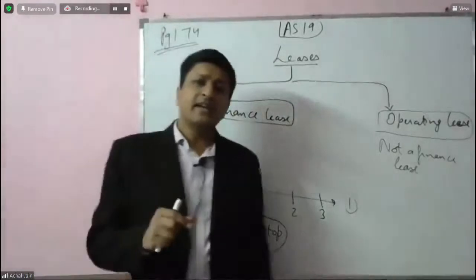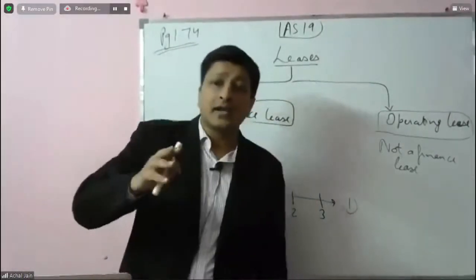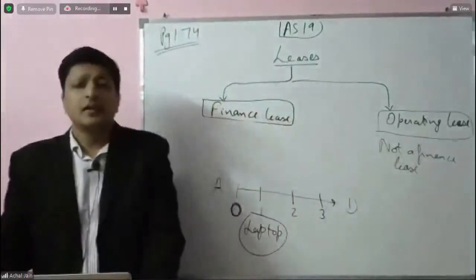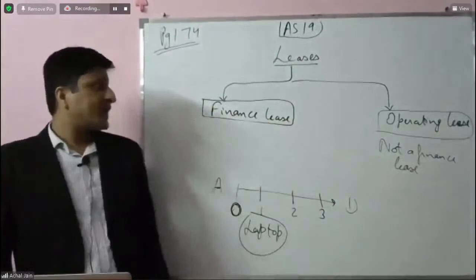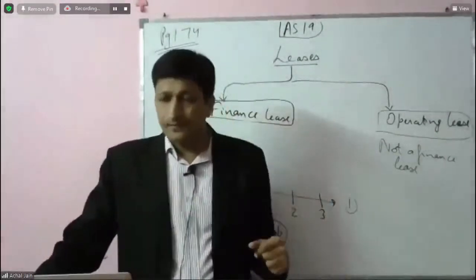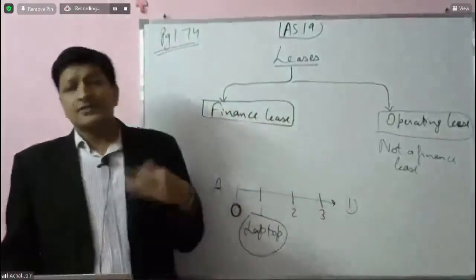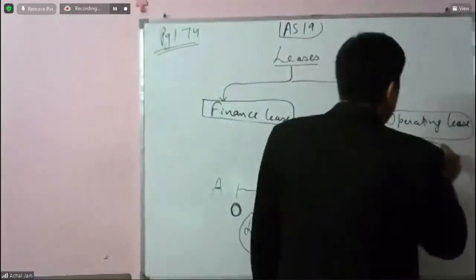They indicate that the risk and rewards are in a way transferred to the lessee. And the moment we say risk and rewards have been transferred, we will call it a finance lease. In case it's not a finance lease, then what do we call it? Operating lease.